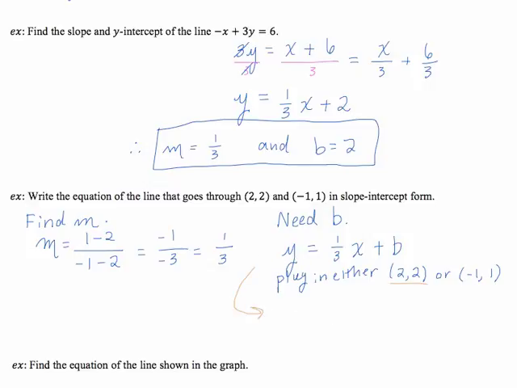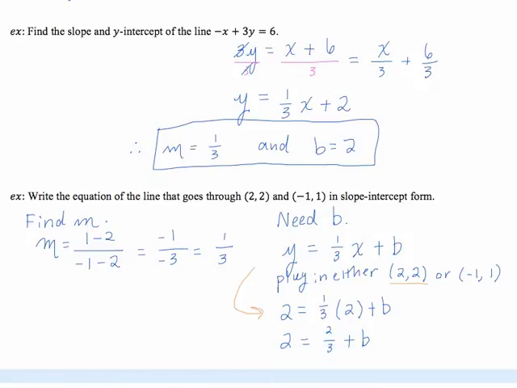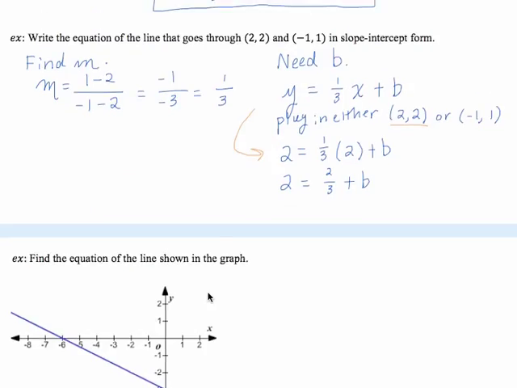I'm going to plug that in here. So when x is 2, y is 2, they're both 2. So we'll have 2 equals 1/3 times 2 plus b. Solving here, that gives me 2 equals 2/3 plus b. Now I need to subtract 2/3 from both sides to solve for b.